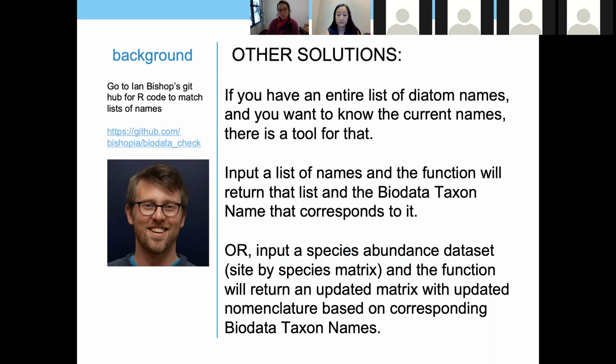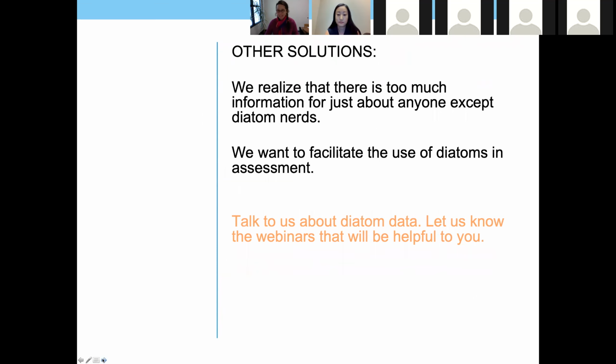You can also just input your species abundance matrix, your data set, and get back current names. So we want to take the headache out of names. It's something that we can easily deal with using scripts and code, and people don't need to get stressed out about it anymore.